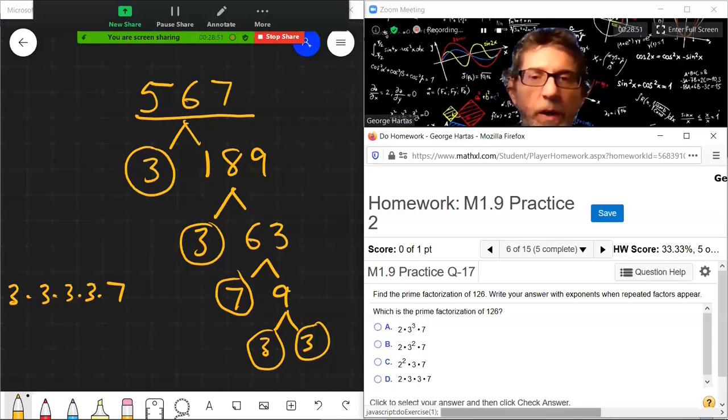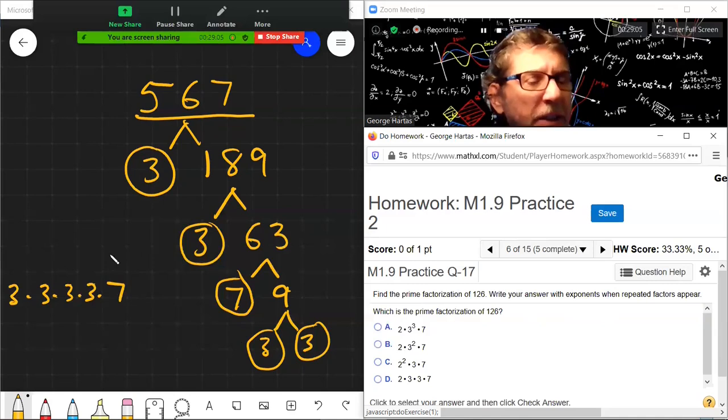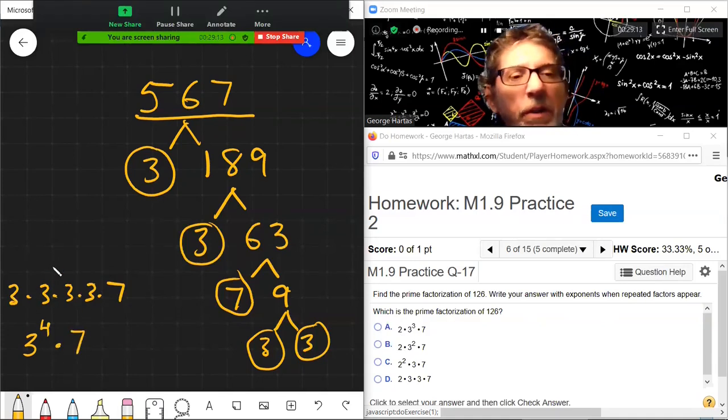So we're still going to find the prime factorization, but the only difference here is that they want us to use exponential form for repeated factors. So for example, let's take a look at this one here. We could write this out as 3 to the 4th times 7. These are equivalent expressions.